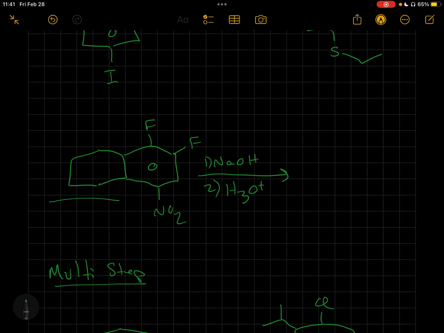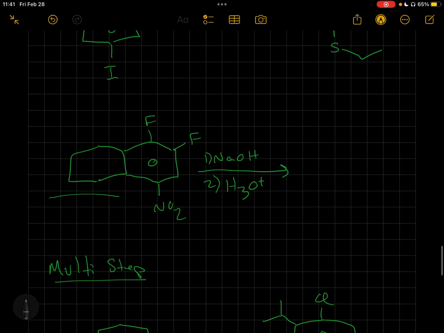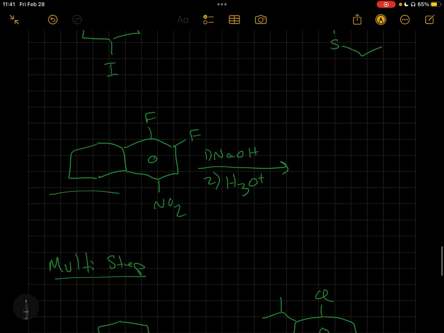We've got 2 R groups, 2 fluorines, a nitro. The only position that's available, if we were trying to add anything new, would be that position right next to the nitro. So if we're looking, we have a nitro group, we have 2 leaving groups, and one of them, the fluorine that's para, is in the ortho-para position.